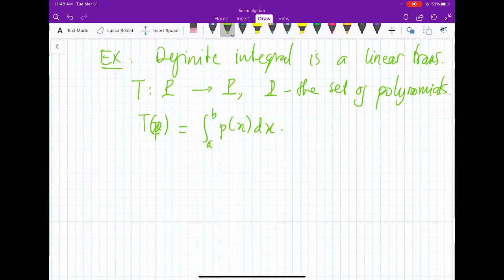No, I would write it without a and b. Let's say that, because we consider maps from P to P.